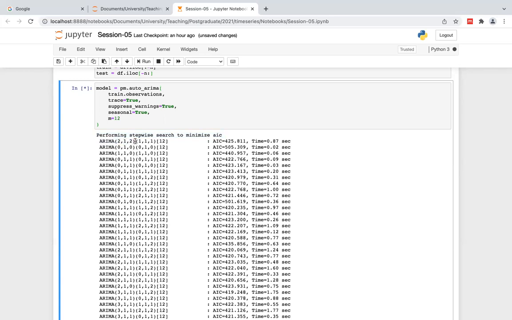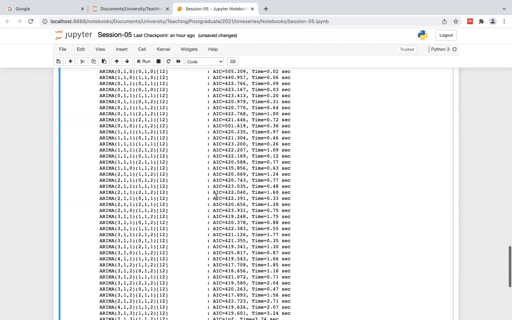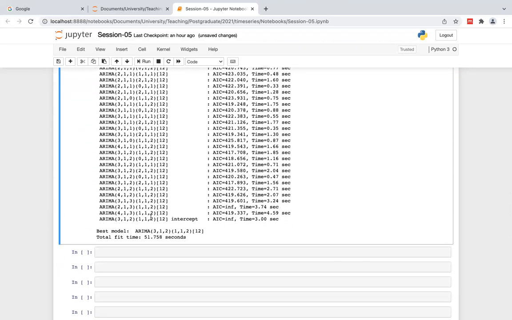Simple P, simple D, simple Q. And these are the seasonal parameters, the uppercase P, uppercase D, uppercase Q, right? This is the seasonal period 12 that we mentioned, right? Then you can see this AIC score, and they say the best model is ARIMA 312 111 212. The total fit time, don't worry about this, we don't need that actually.